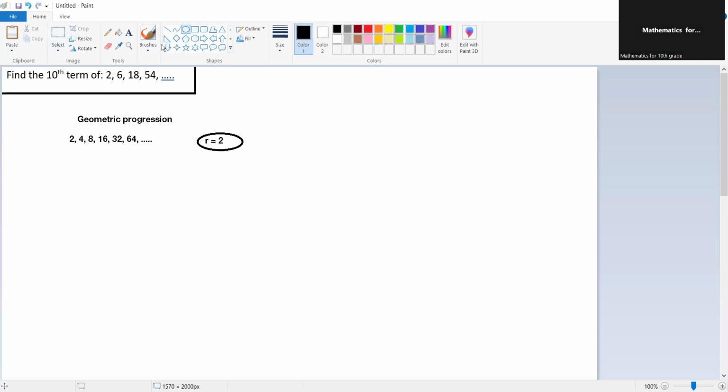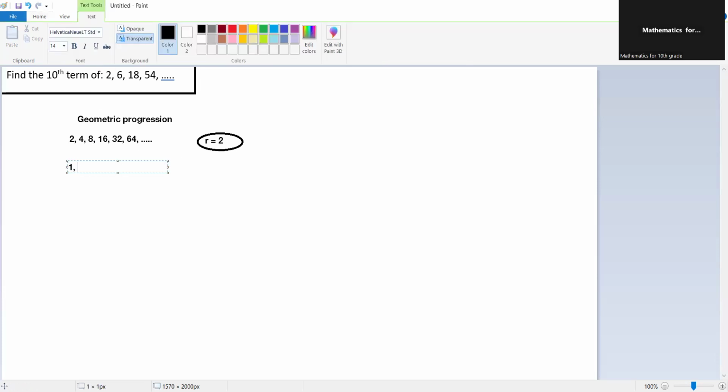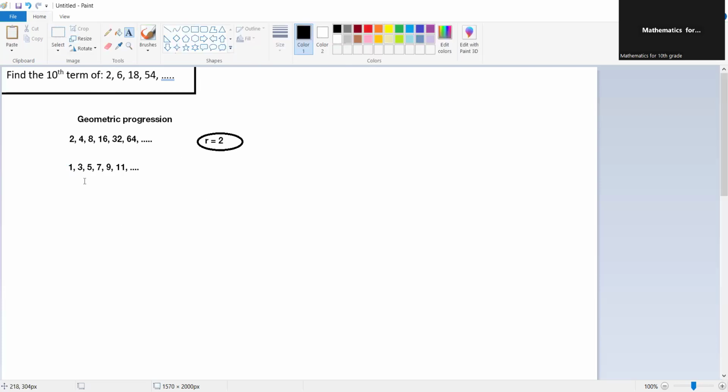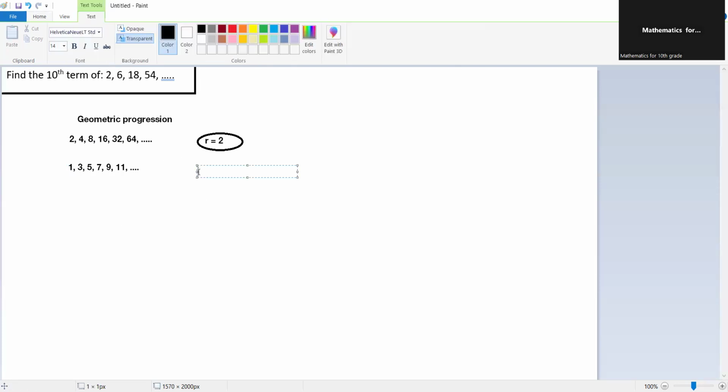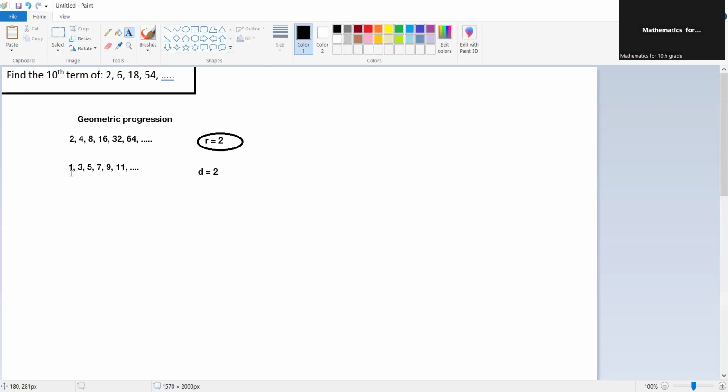And what is not a geometric progression? I'll give another example for that too. 1, 3, 5, 7, 9, 11, etc. There is no common factor here, but there is a common difference. The common difference between any two consecutive terms is d equal to 2. Because if you add the common difference 2 to the first term 1, you get 3.